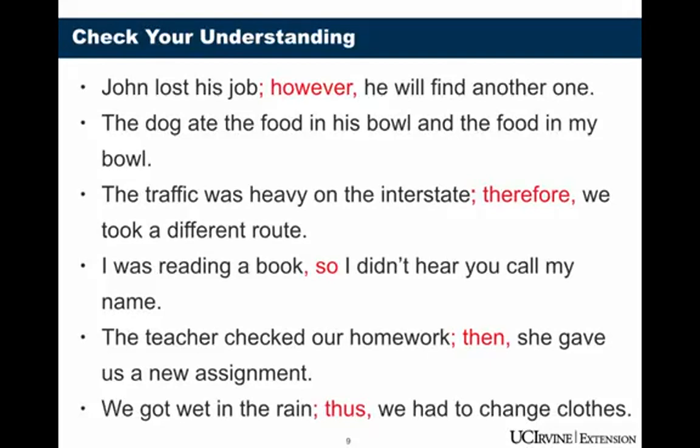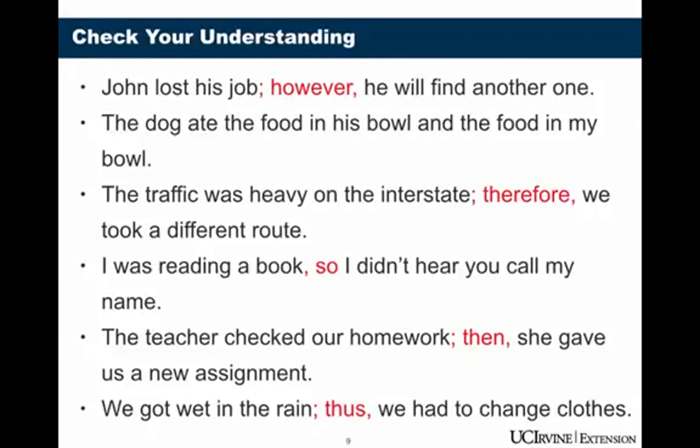Look at the third sentence. We're joining two sentences with the transition therefore, so we put a semicolon in front of it and a comma after it. On the fourth sentence, we joined two sentences with the conjunction so we need to put a comma in front of it. On the next one, we joined two sentences with the transition then, so again, a semicolon in front and a comma after.